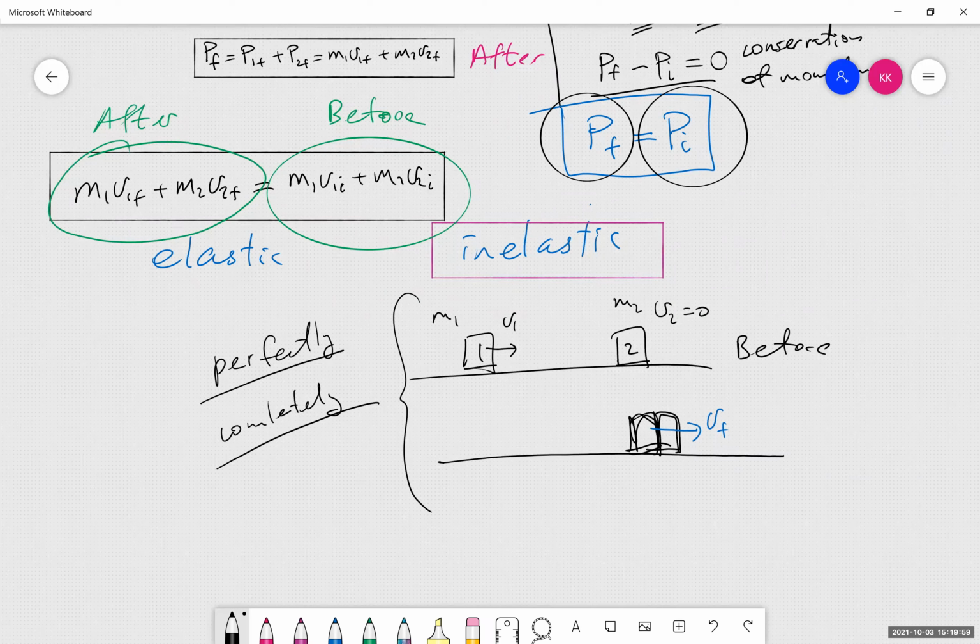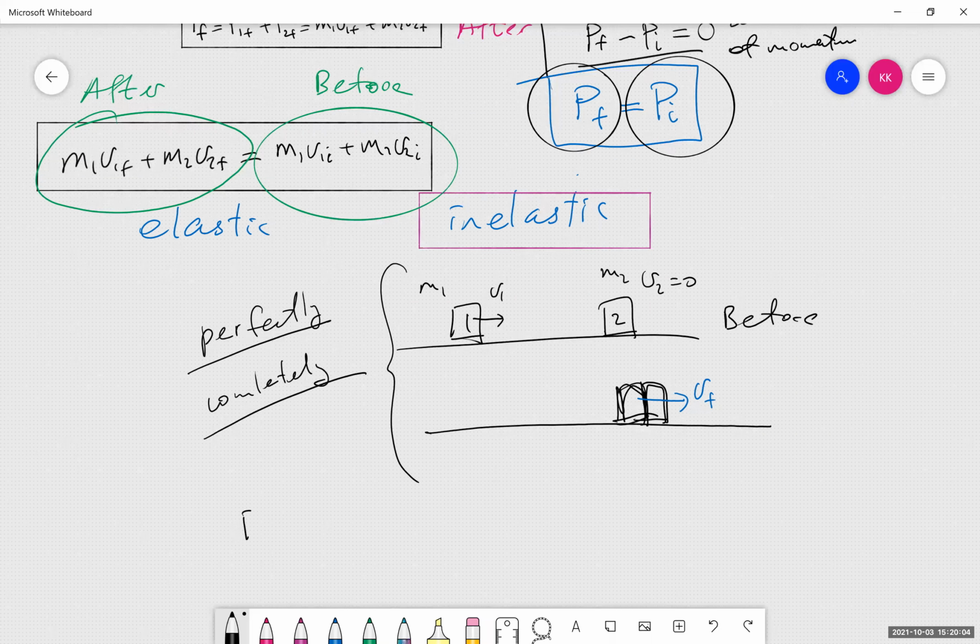What happens here is this: momentum of the system before collision. So let's say P initial. This will be M1 V1 initial plus M2 V2 initial. This is the general equation for the momentum of the system before collision. That's the momentum of the first one in terms of its mass and velocity, and the momentum of the second one in terms of the mass and velocity product.